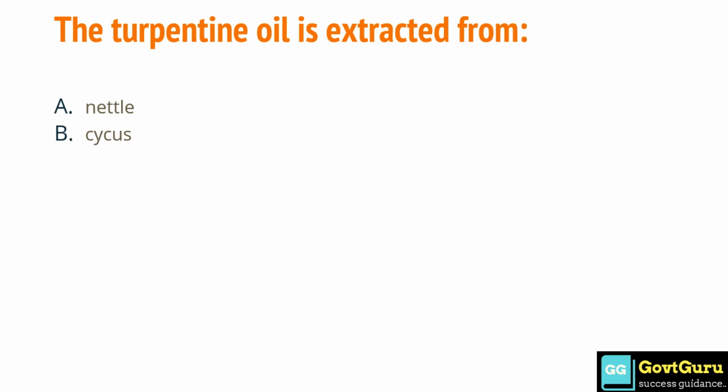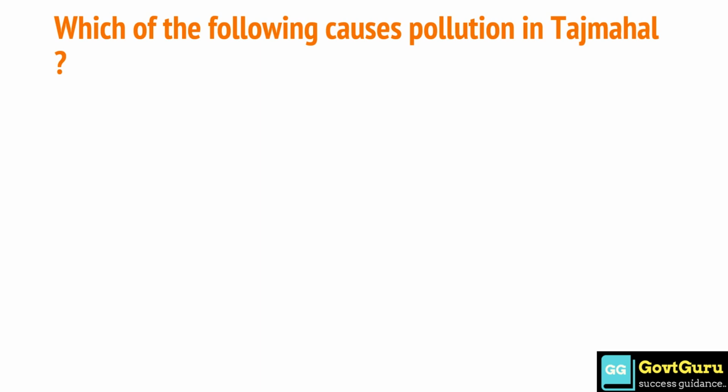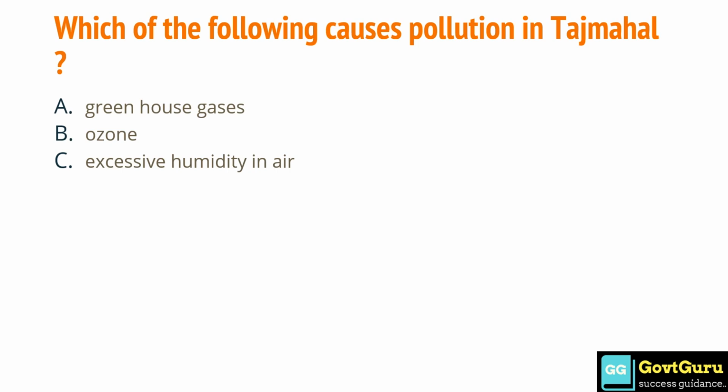Option B, cycas. Option C, teak. Option D, pine. So the correct answer is option D, that is pine. Which of the following causes pollution in Taj Mahal? Option A, greenhouse gases. Option B, ozone. Option C, excessive humidity in air. Option D, acid rain. So the correct answer is option D, acid rain.